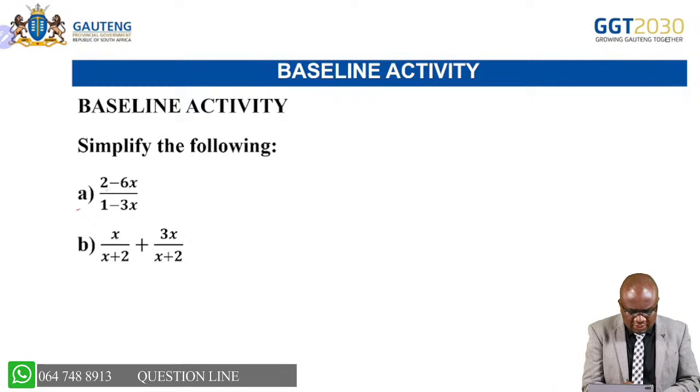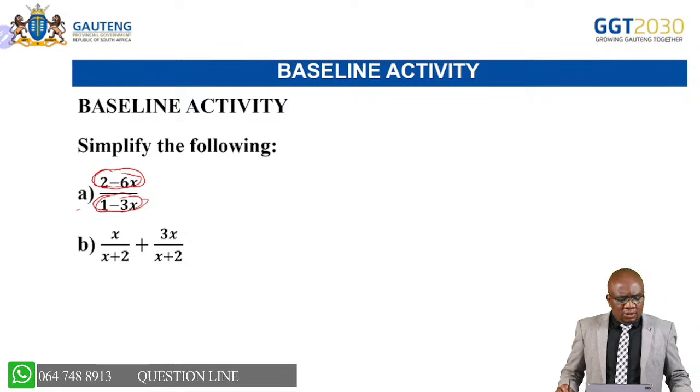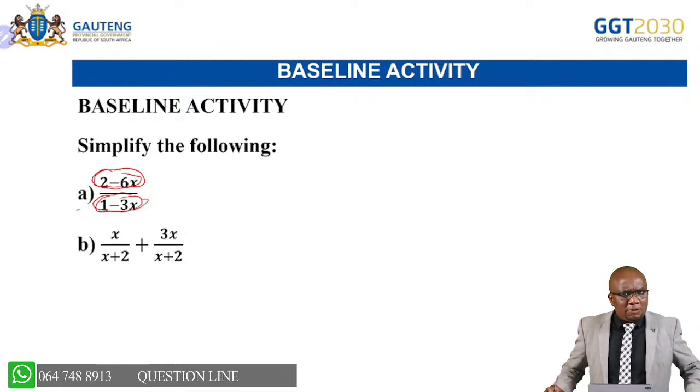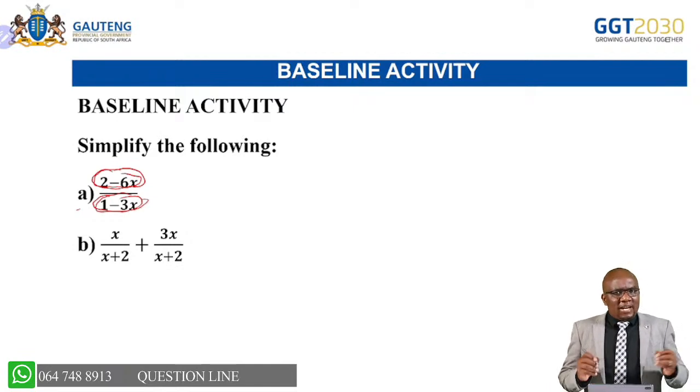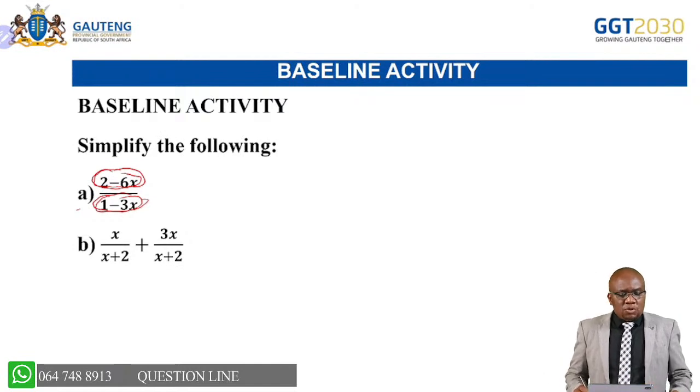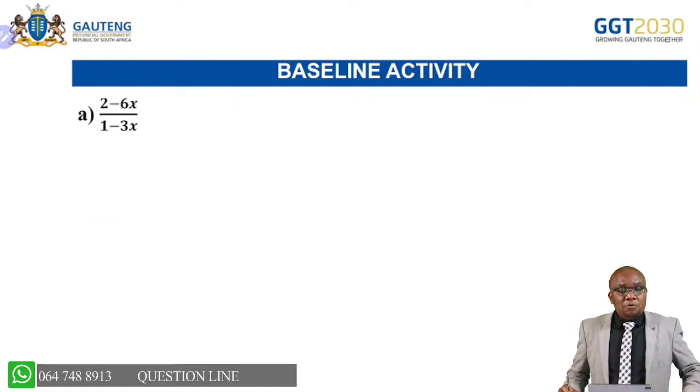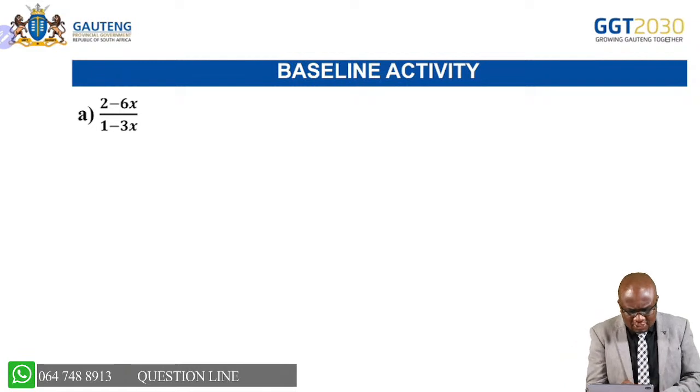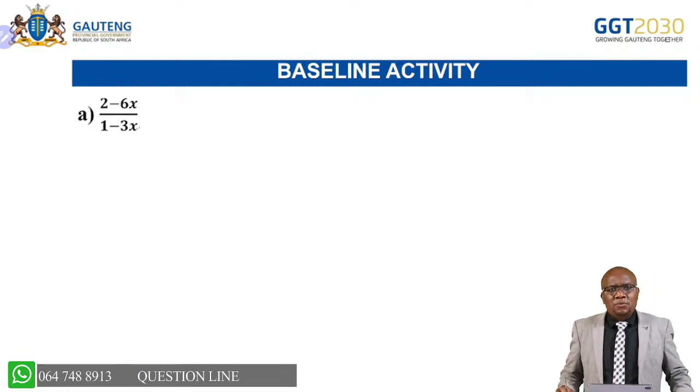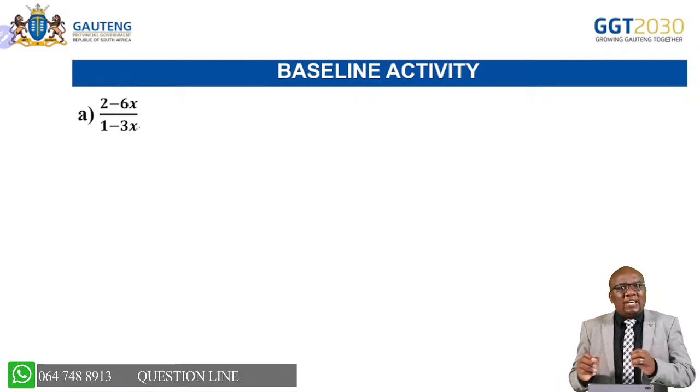Look at this numerator. Look at this denominator. 2 minus 6x. Can you factorize that? Yes, we can, because there is the highest common factor, which is 2. So we are going to factorize 2 minus 6x. Can you factorize the denominator? No, we can't. So let's factorize what we can factorize.